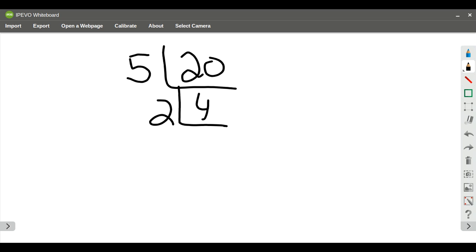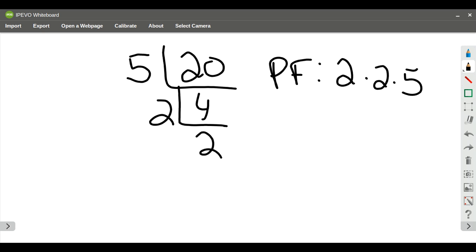So 4 divided by 2 is going to be 2. So I now have a prime number down at the bottom. So that means I found my prime factorization for 20. So my prime factorization for 20 is going to be 2 times 2 times 5, or in exponent form, it's 2 to the second power times 5.